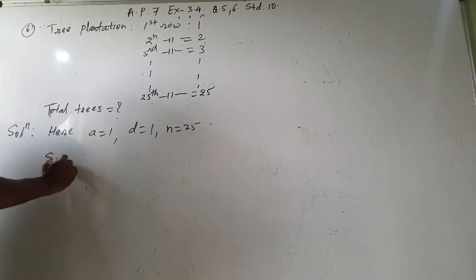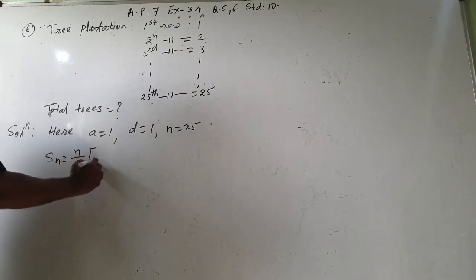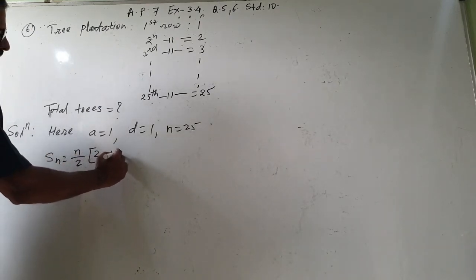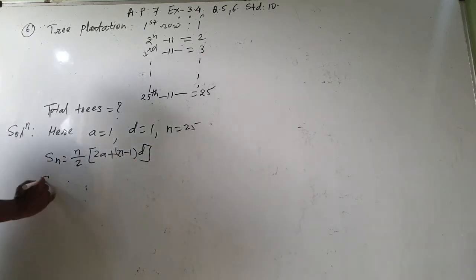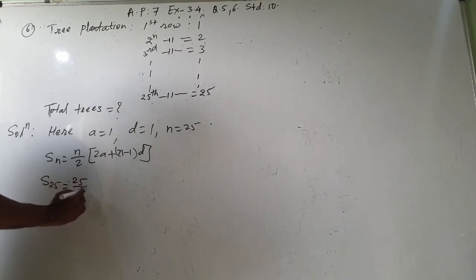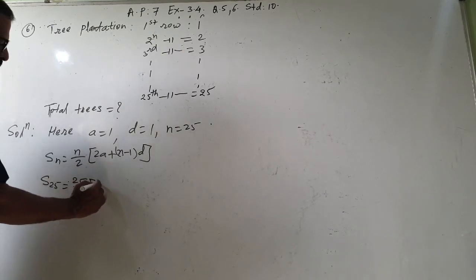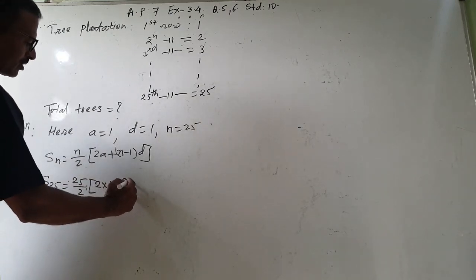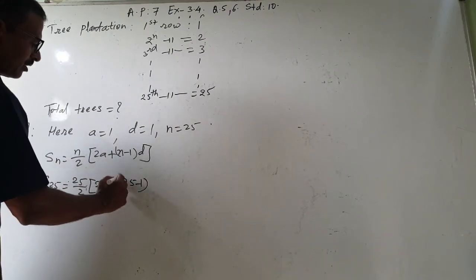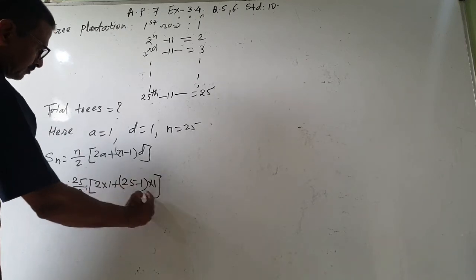Formula Sn is equal to n by 2 into 2a plus n minus 1 into d. So S25 is equal to 25 upon 2 into 2 into a is 1 plus n minus 1, means 25 minus 1, into d is 1.